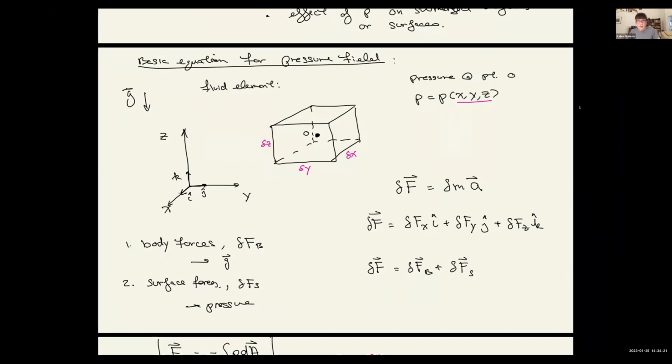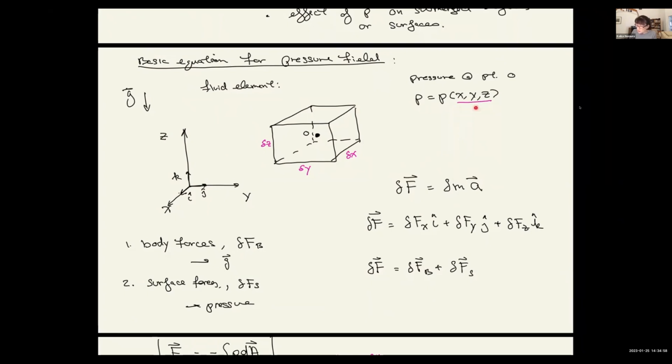But the basic analysis is actually similar to what we did previously for fluid statics. We're going to consider an incremental fluid element, and then consider, in general, some coordinate system, and apply Newton's second law to describe the motion of this fluid element, which in general may now vary in 3D space and time.